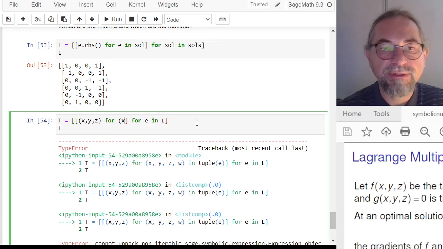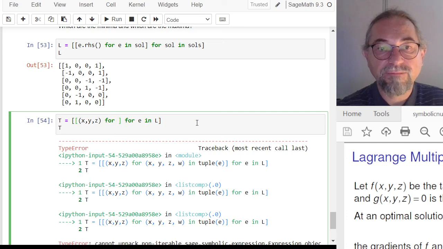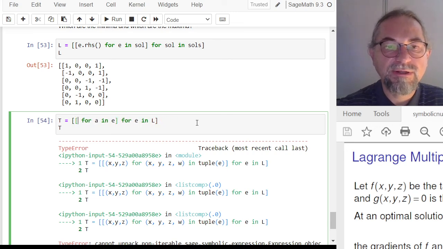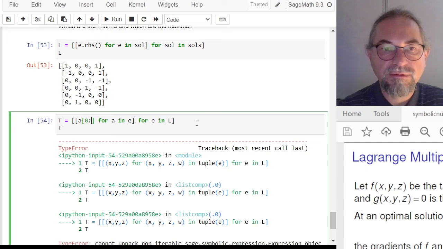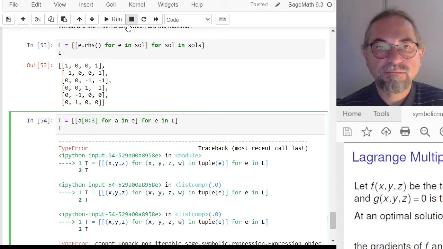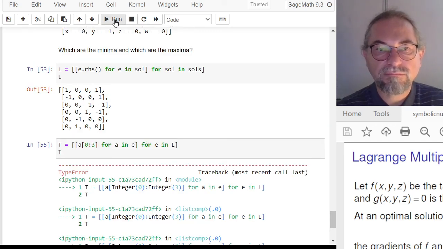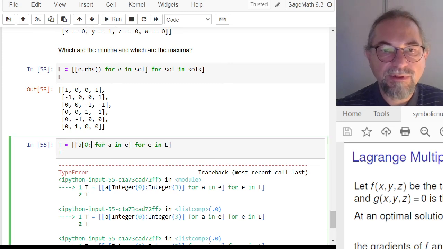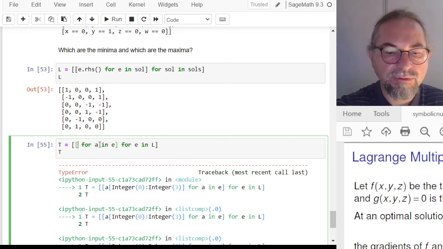So let me keep it then for any item in E, and let me do then the simple selection where I select... there are things now wrong with the brackets.